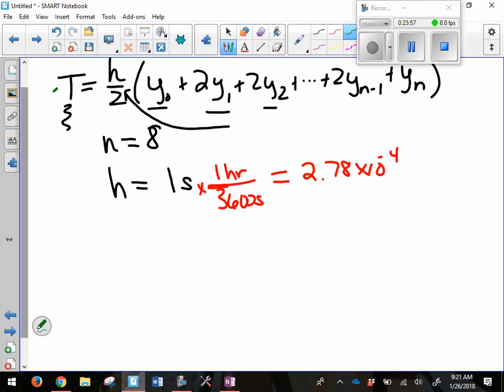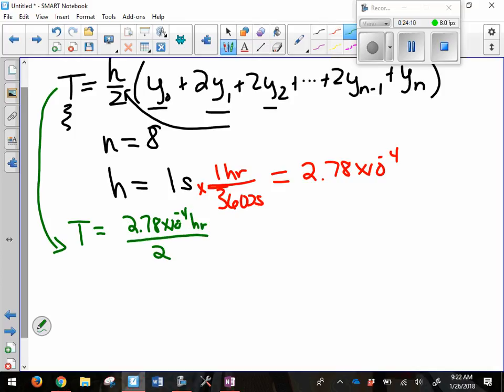So now what we're going to do is write this out. I'm not going to write out the whole thing, but h is going to be 2.78 times 10 to the minus 4 hours divided by 2.